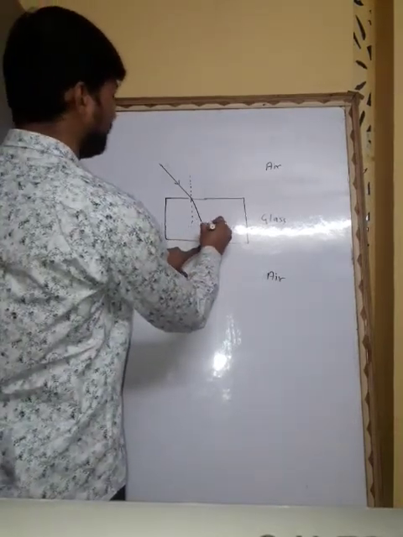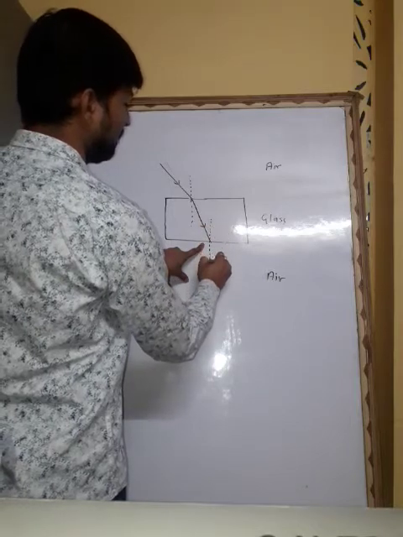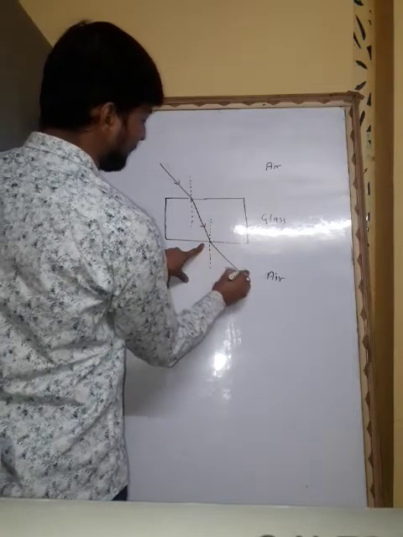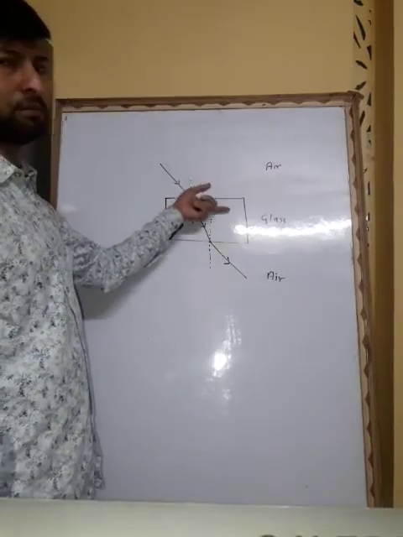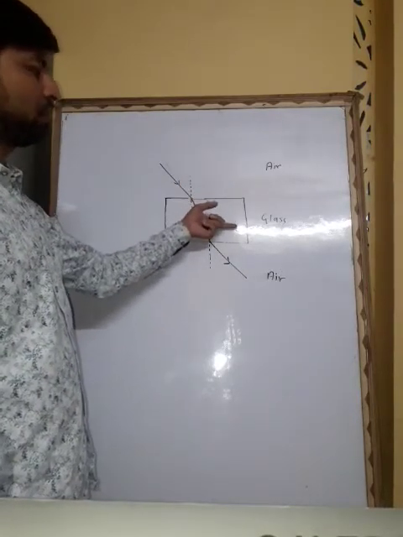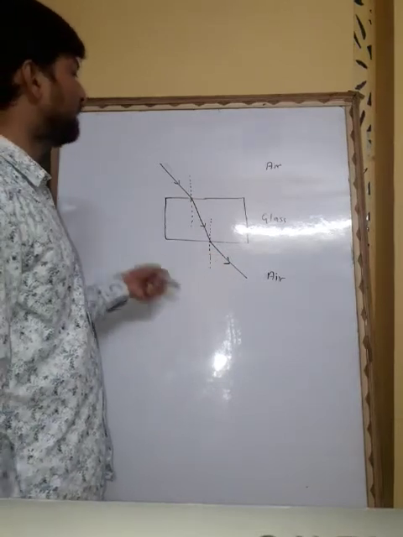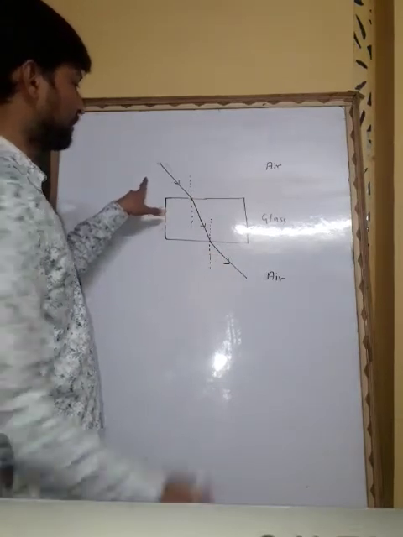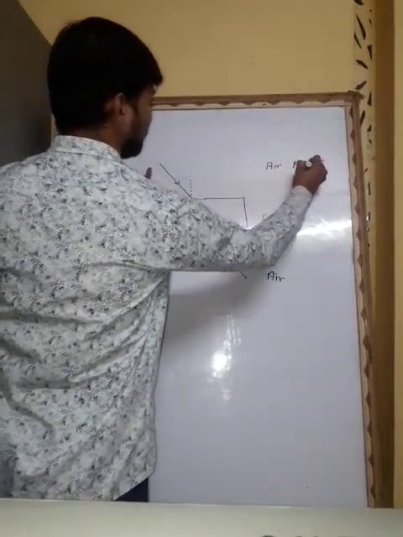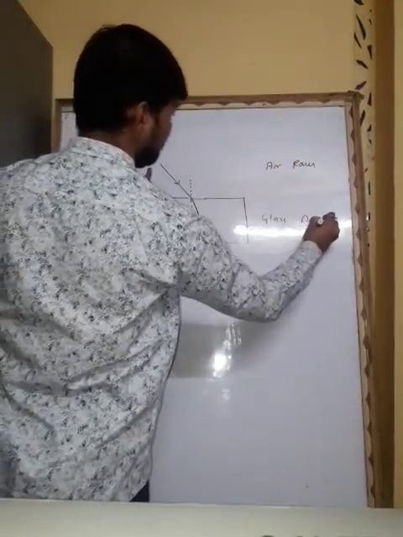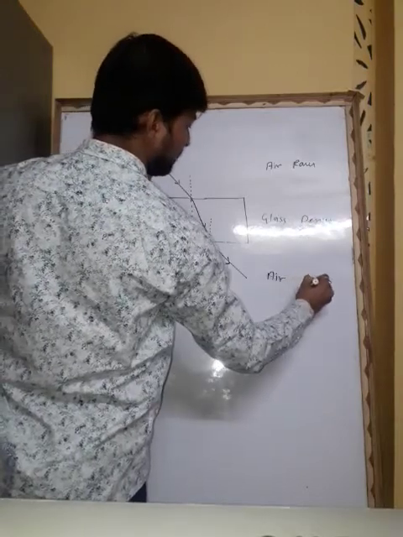Then again it makes normal, and again it refracts. We see the refraction is occurring two times, from air to glass and from glass to air. Here this is the rarer medium, this is the denser medium, and this is again the rarer medium.